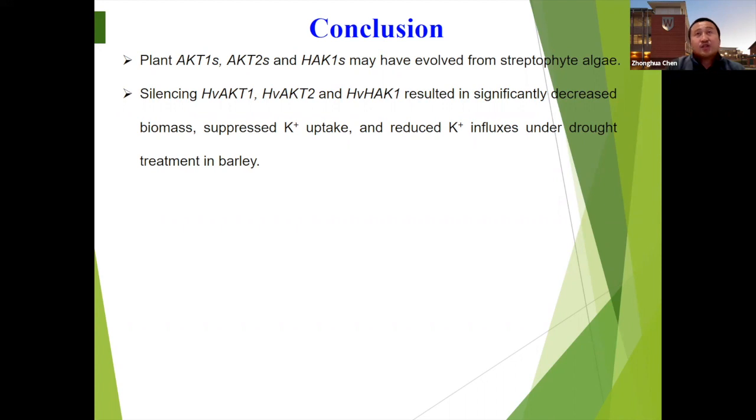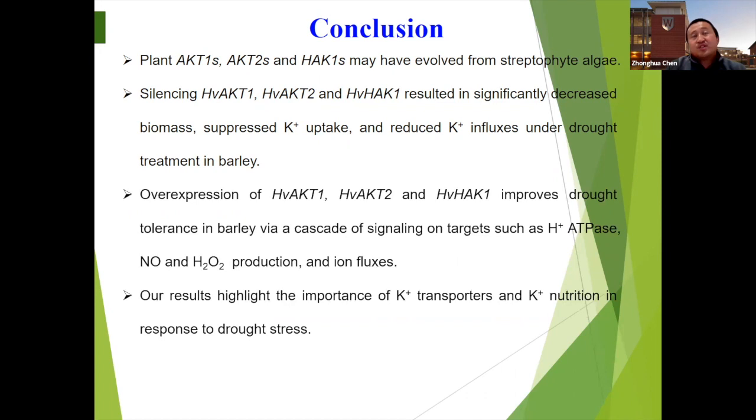Silencing those three potassium transporters results in significantly decreased biomass, suppressed potassium uptake and reduced potassium influx under drought treatment in barley. Overexpressing those three potassium transporters and channel improves the drought tolerance.